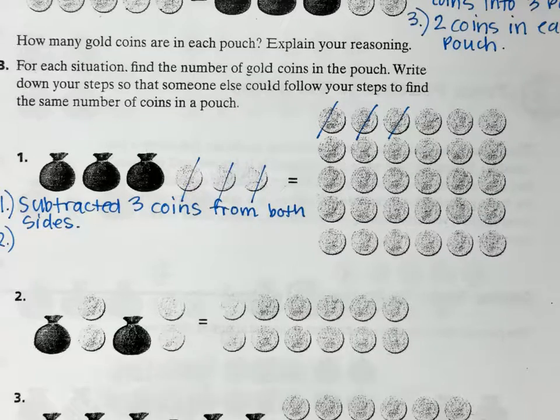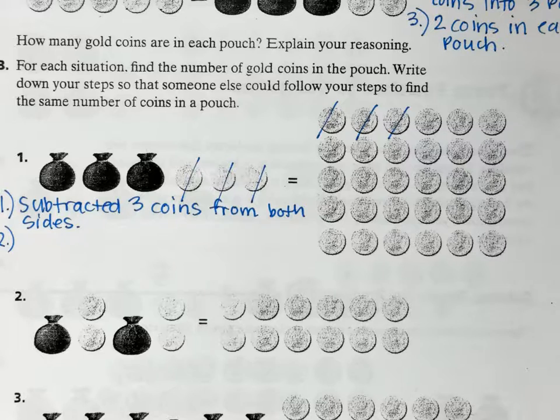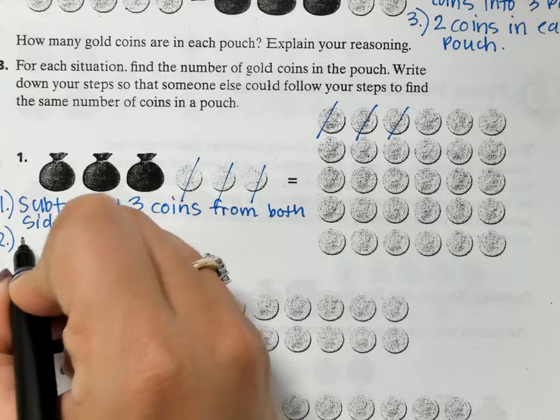Alright, so now how do I figure out how many coins go into each pouch when I have 3 pouches left and 27 coins? Divide both sides by 3, or evenly divide those 27 coins into 3 pouches.